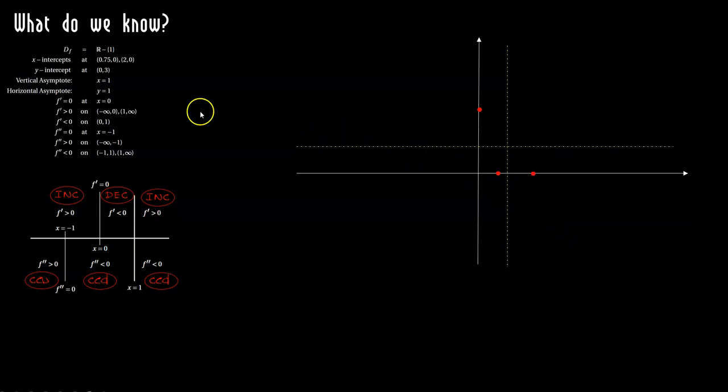I know that at x equals -1, where is it? I'm going to have the second derivative equal 0. So that's an interesting point to me. Where do I put it? Well, I'm increasing from negative infinity up to 0, which means whatever point I choose has to be below this one. So I'm going to put it there.